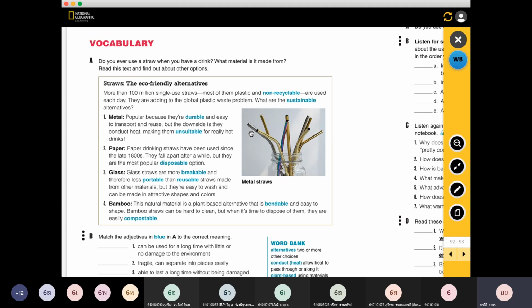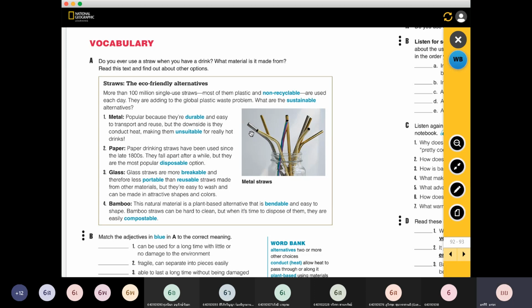If it's really hot and you drink lots of hot water, it's not that good, right? But warm is fine, right? As you can see, metal conducts heat.